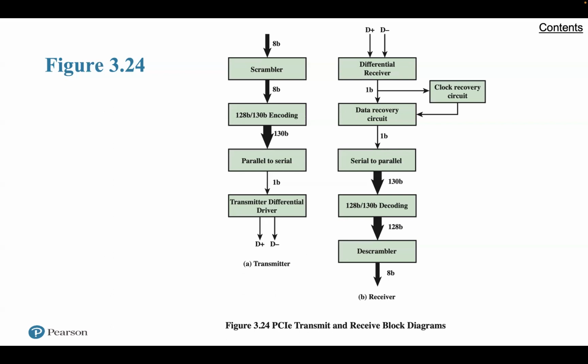constant fashion. Also, other transmission properties, such as spectral properties, are enhanced if the data are more nearly of a random nature rather than constant or repetitive. Another technique that can aid in synchronization is encoding, in which additional bits are inserted into the bit stream to force transitions.